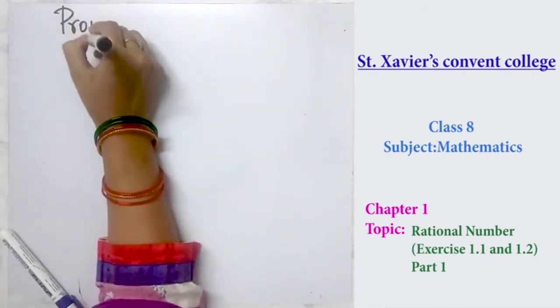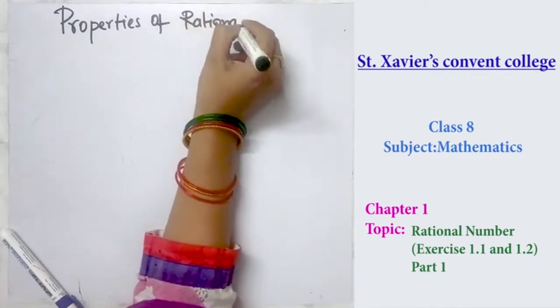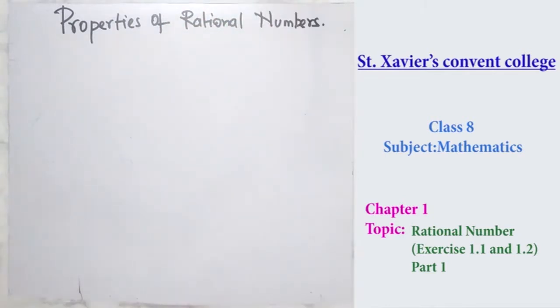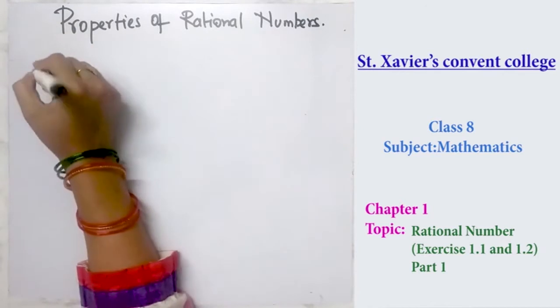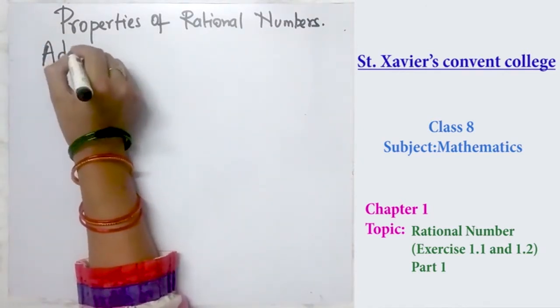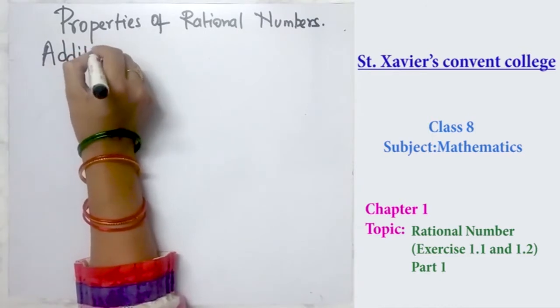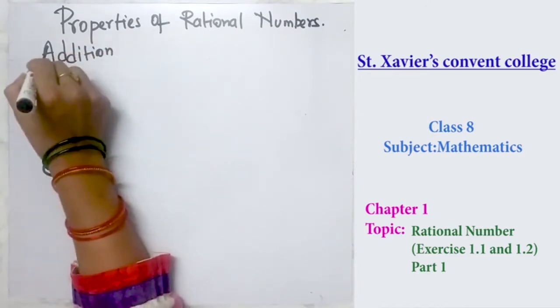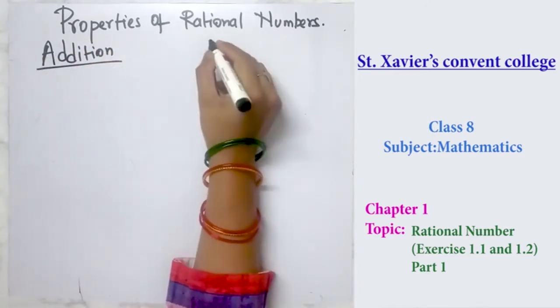Properties of rational numbers include both the addition and the subtraction properties. We are going to discuss the addition properties on the left hand side, and on the right hand side we will discuss the subtraction properties.